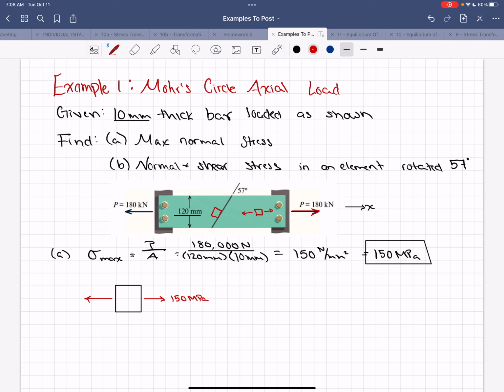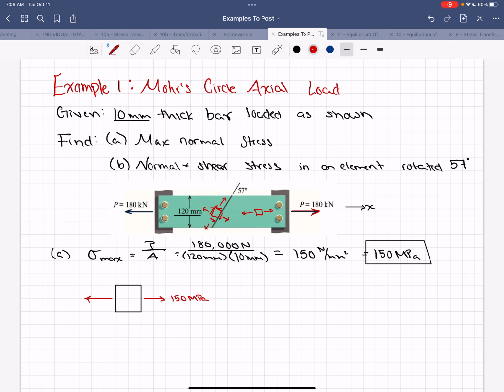And on this element, now we're going to have a shear stress in some direction, and we're going to have a sigma x and a sigma y. So now we have three stresses to solve for, because all the shear stresses equal the same thing.